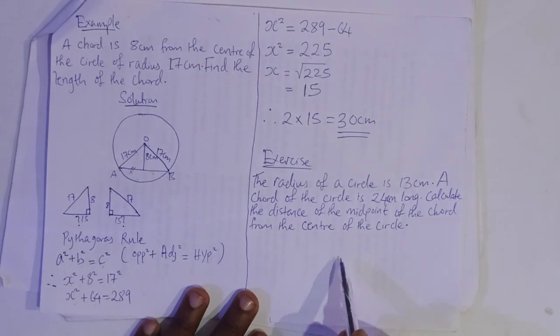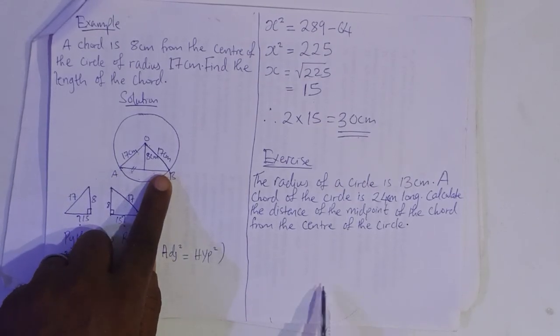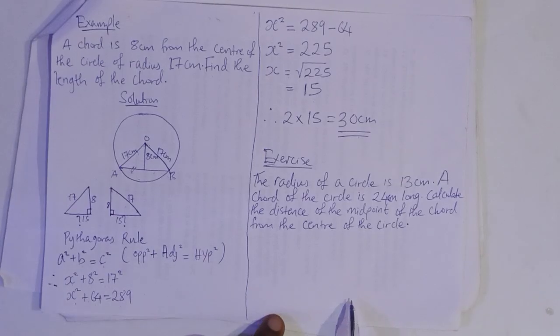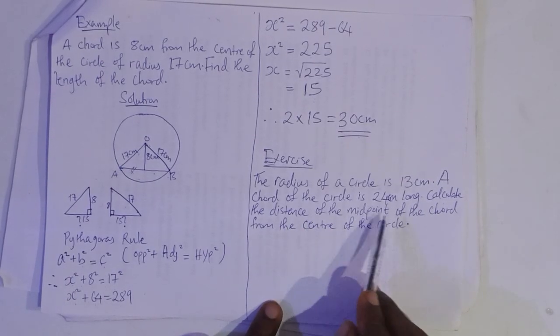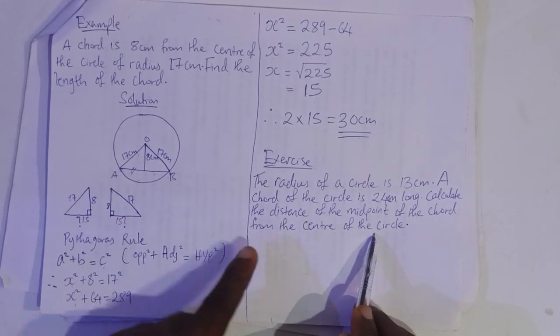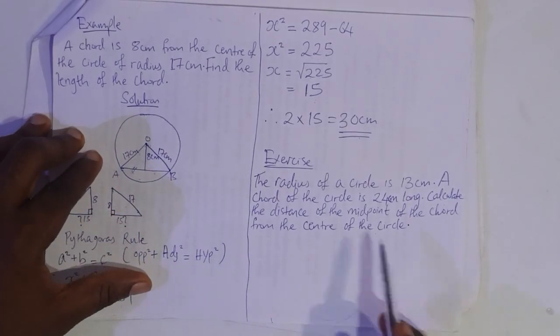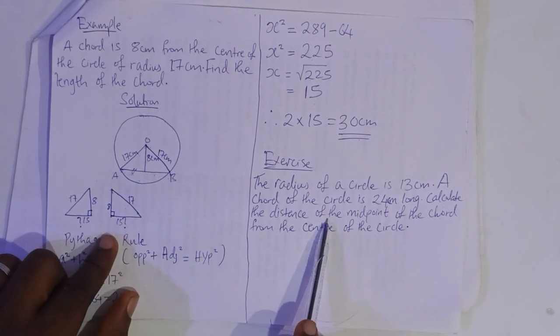So when you draw the circle, you draw a chord, just like you have this chord, but this time around, they give you what the chord is, which is 24. The next step is to calculate the distance of the midpoint of the chord from the center of the circle. So when you draw that diagram, you'll be calculating this line in the diagram for this question.